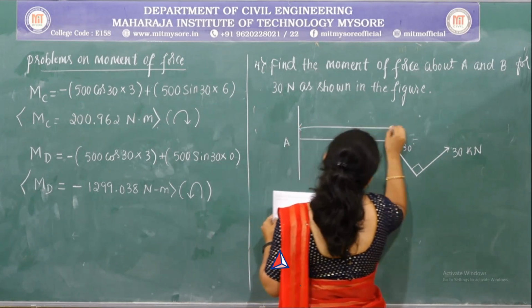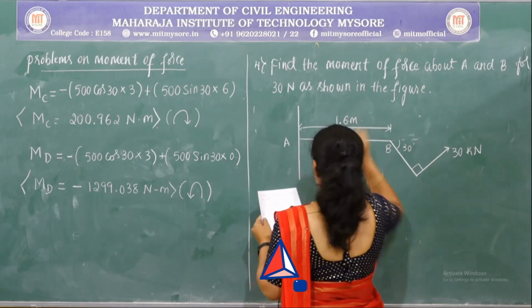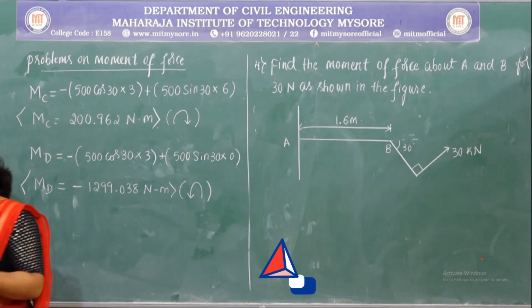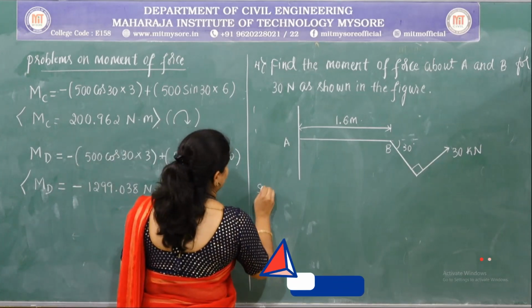The distance between point A and B is 1.6 meters. Again, the first step is that we need to resolve the given force, since it is an inclined one.